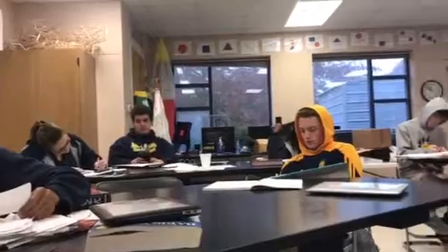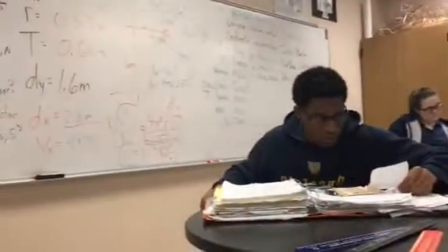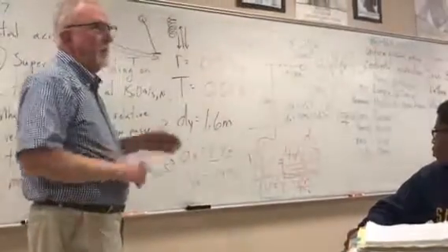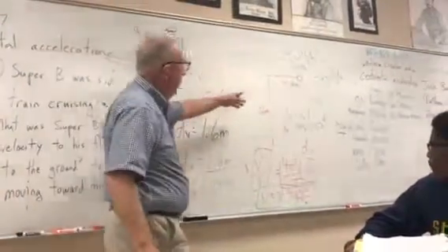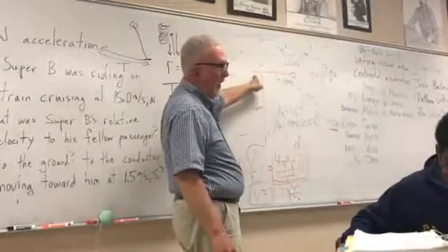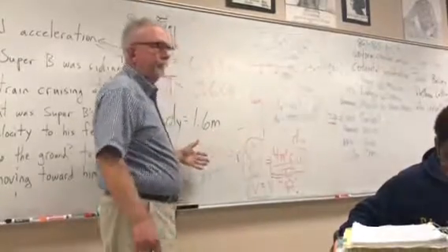So it hits the ground 2.8 meters away from me. Okay? Which would be the exact same problem you would solve if something was going off a cliff. So we don't need to work a problem like that because we just did it. If you drop, kick, throw, shoot something off a tower, this is how you solve it.